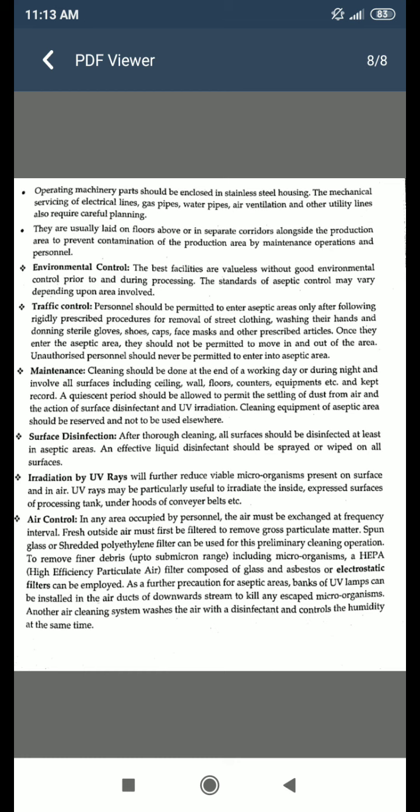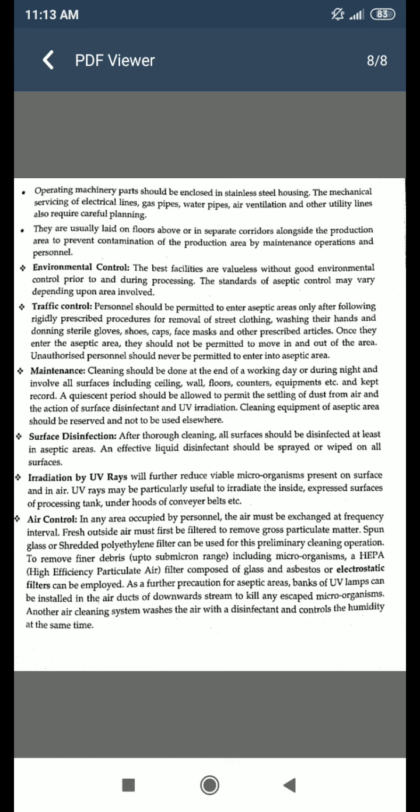Then environmental facilities are environment control, traffic control, maintenance, surface disinfection, then irradiation by UV rays, then air control.